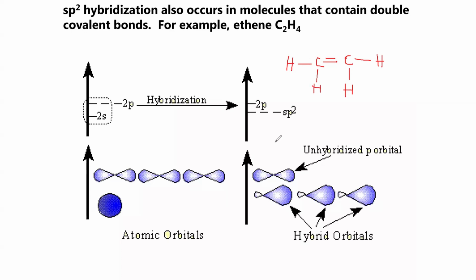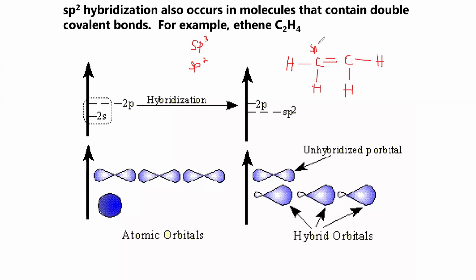Remember, in the case of carbon, the hybridization is usually sp3 hybridization. But in this case, we have carbon with a double bond, so we only have three bonds, and the hybridization is sp2. Since the hybridization is sp2, it means that there is one p orbital that remains unhybridized.